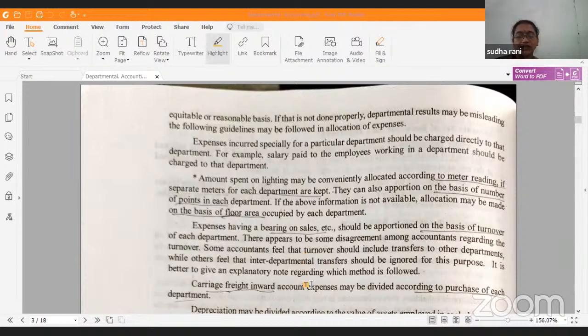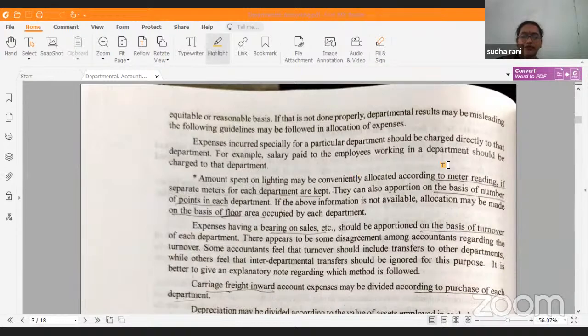So the common expenses incurred together for the entire business are divided among the departments based on their occupation or based on their sales or purchases. Considering this, we will prepare the trading profit and loss account.